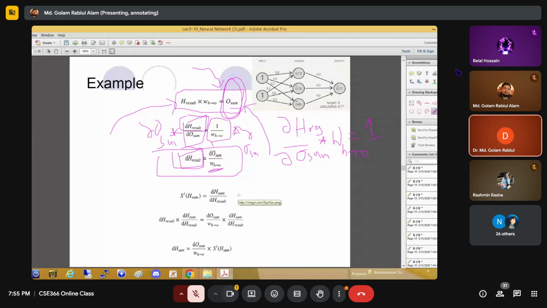Now, let's say this is equation number 1. And now we know that these hidden results are also generated from our sigmoid function.